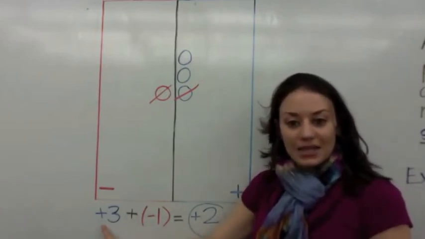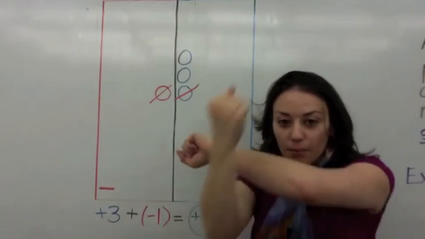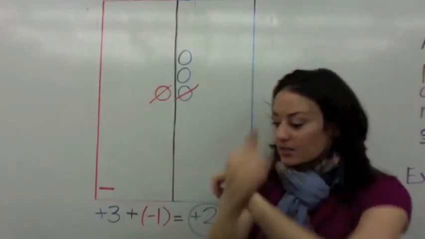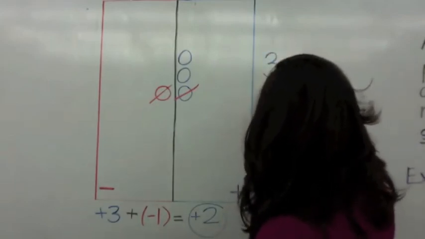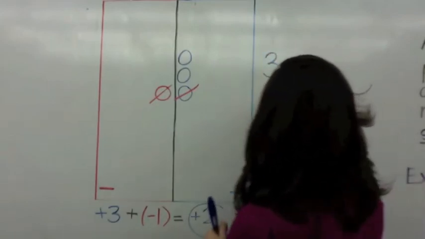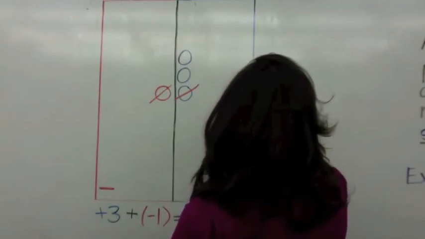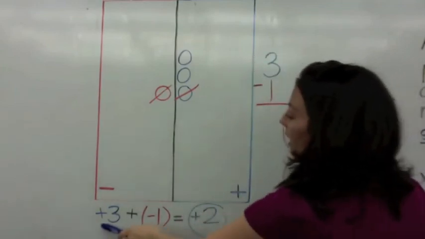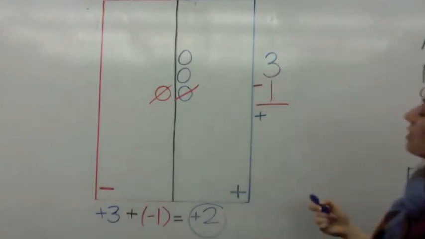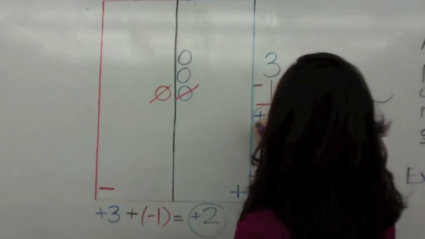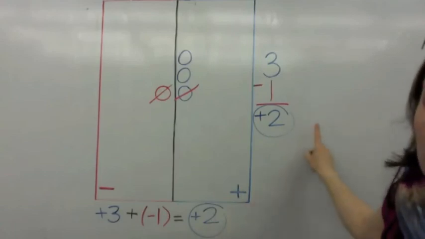And what is the sign that is next to 3? It's a positive. So you say, okay, I know I have to subtract because they're different signs. But I'm going to keep the sign of the higher number, which is a positive. And when I subtract 3, take away 1, I get 2. And so our answer is correct.